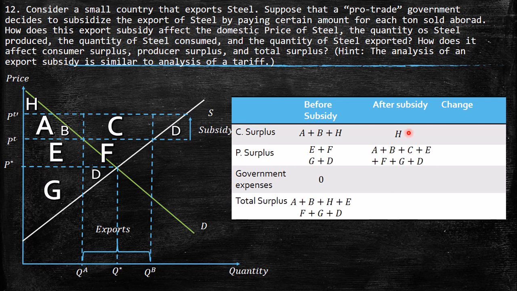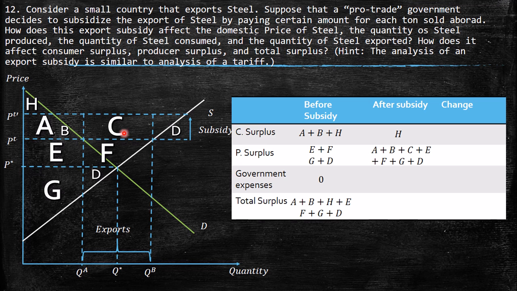So after the subsidy, this is going to be the consumer surplus. They have to pay how much? They have to pay the same quantity, so the consumer surplus is going to be exactly the same. What about the producer surplus? They will have this triangle plus C. Why?